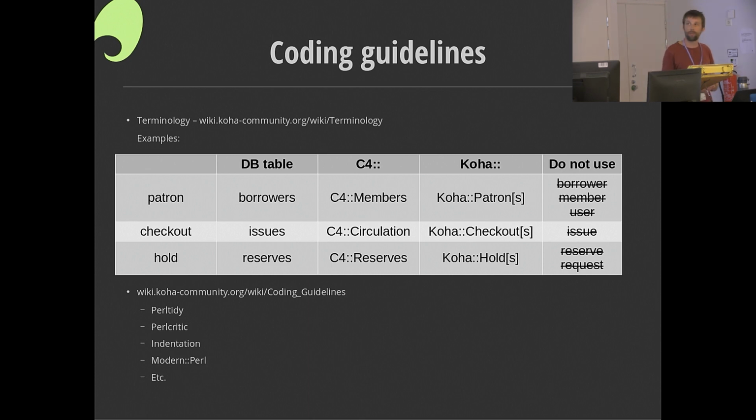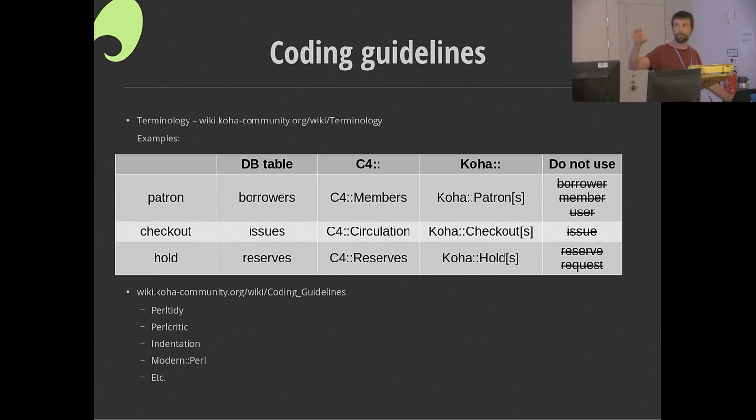If you have a look at the code, you will notice a lot of discrepancies in names. For instance, we have a table in the database named borrowers. This is to store the users. The historical namespace is C4::Members. The new modules use Koha::Patron, so you have users, borrowers, members, and patrons in the code base. All that to talk about patrons.